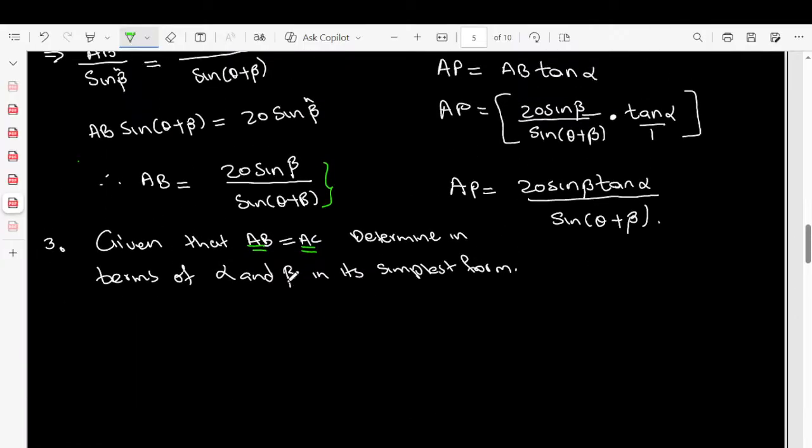Determine in terms of alpha and beta in its simplest form. What's going on, guys? Oh, determine AP. Because this question was not making sense. They want us to determine AP in terms of alpha in its simplest form.